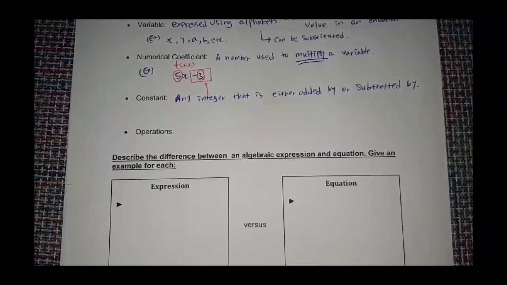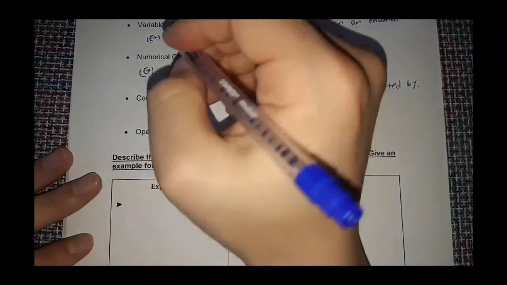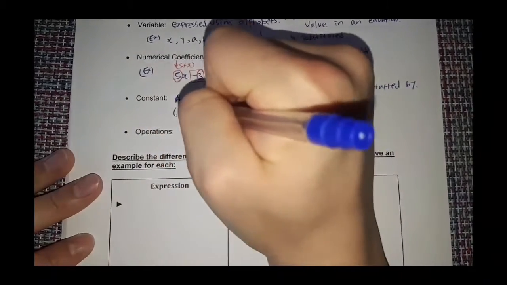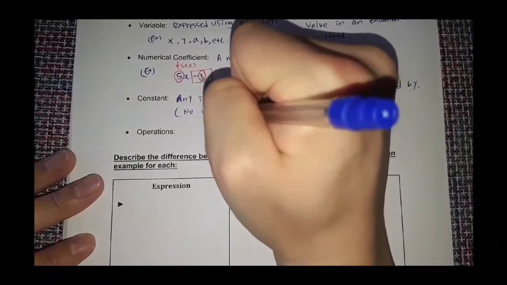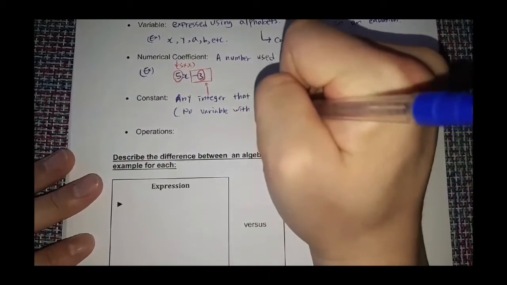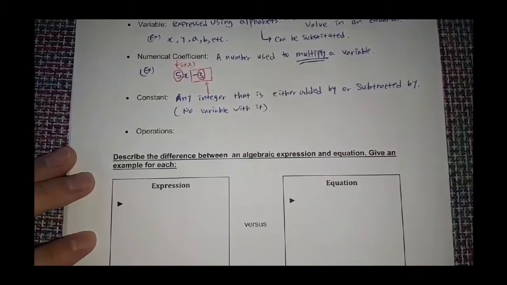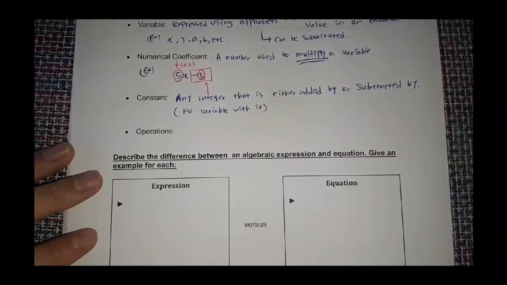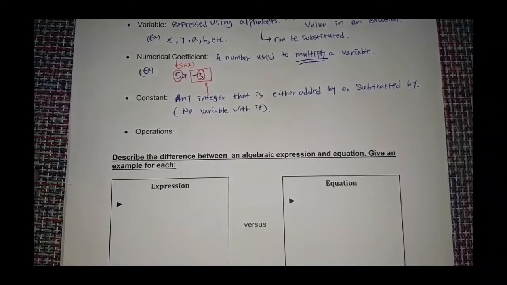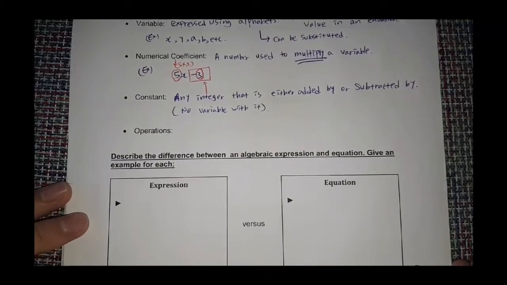This is a value that does not have a variable with it. So if you remember the previous unit, when we simplified a bunch of different terms, a constant was dealt with another constant. We do not combine them both.